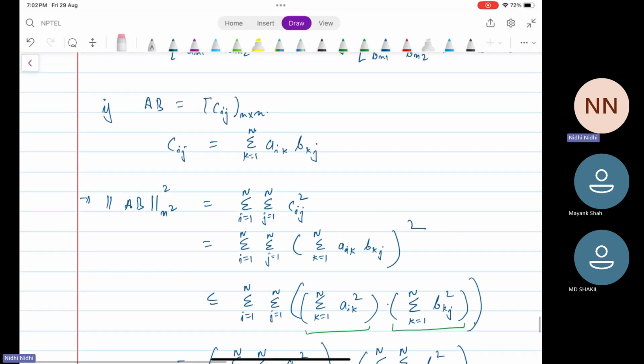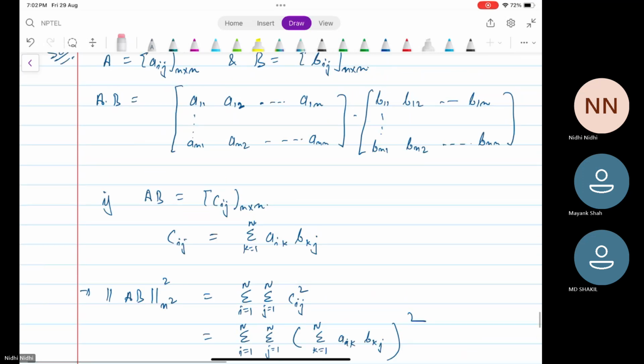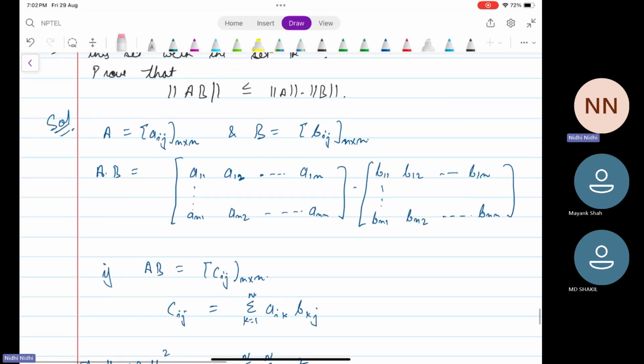Everywhere this is small n, capital N, and so on, so everywhere it should be uniform.